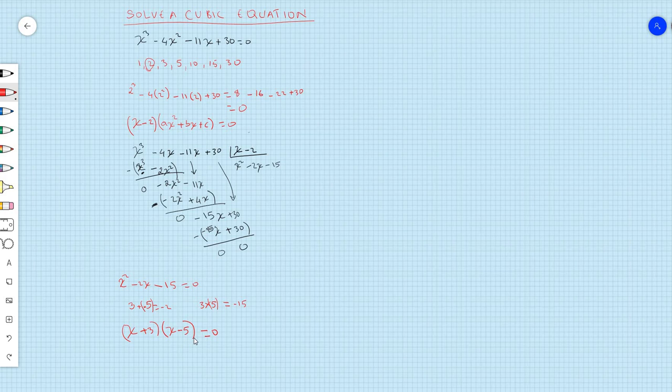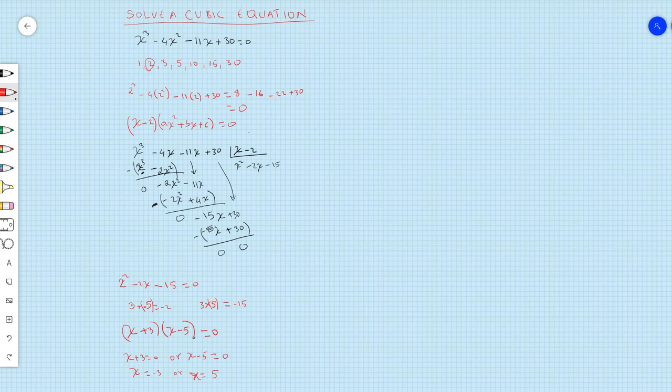So that means you can write x plus 3 equals 0, or x minus 5 equals 0. So once you have that, you just solve for x. x equals negative 3, and x equals 5, right? So these are your roots.